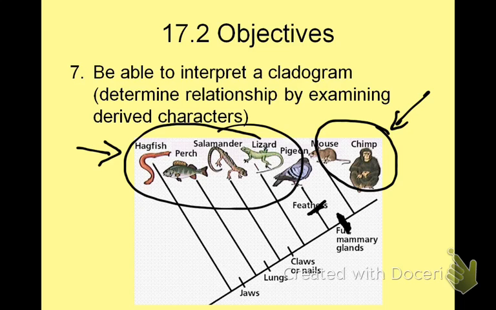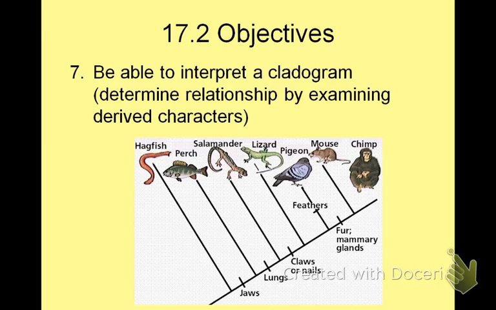So what kind of a derived character could we use to separate the chimp from the mouse? What could we do here? What kind of a characteristic does a chimp have that a mouse does not? How about a thumb, an opposable thumb? Look at your thumb right now.